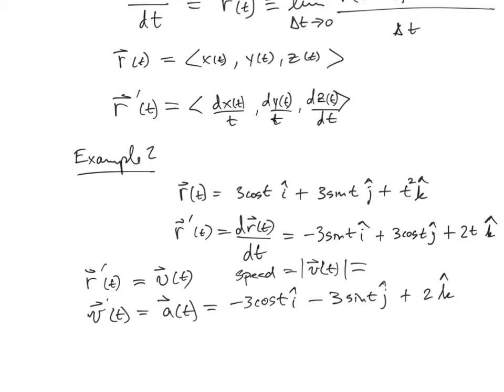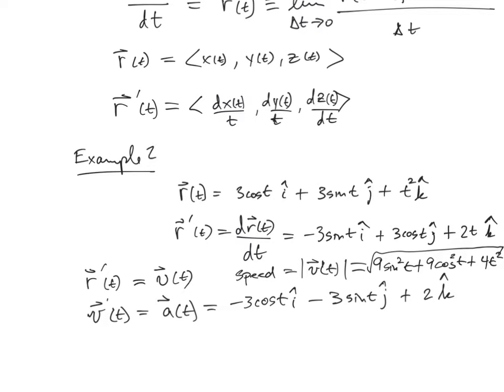Well, I would get 9 sine squared t plus 9 cos squared t plus 4t squared, right? Would that not be the sum of the squares of these three components here? Okay, which would be equal to 9 plus 4t squared, right?